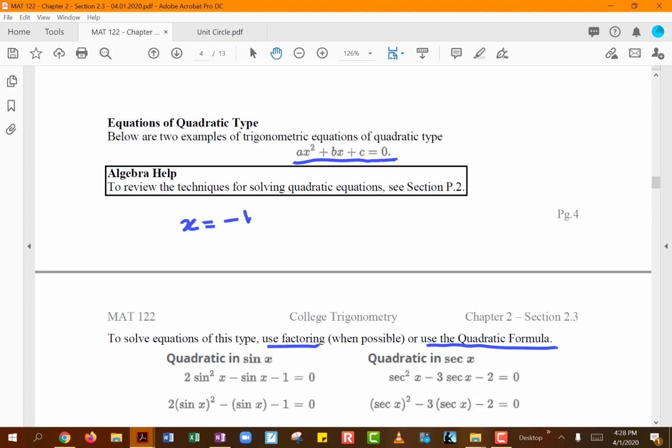That's x equals negative b plus or minus square root of b squared minus 4ac, and then the whole thing divided by 2a. So these are the a, b, and c values we are using from our quadratic function. And again, if you just need to review some of this information, you can go to section P2 in your textbook to look at the review for this.